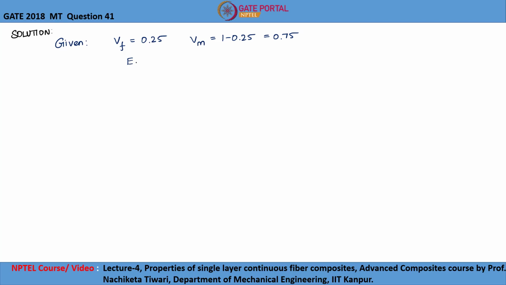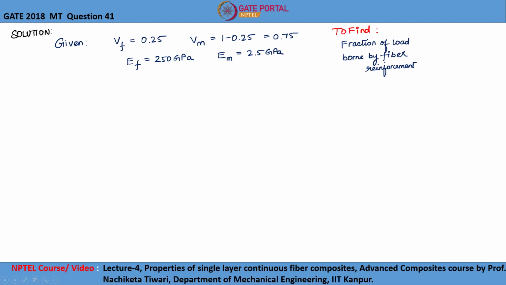The elastic modulus of fiber is given as 250 GPa and the elastic modulus of matrix is given as 2.5 GPa. We have to find the fraction of load that is borne by the fiber reinforcement, that is Pf by Pc, where Pc is the load of the composite and Pf is the load borne by the fiber.